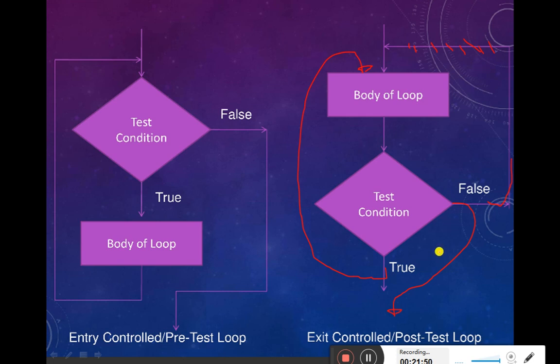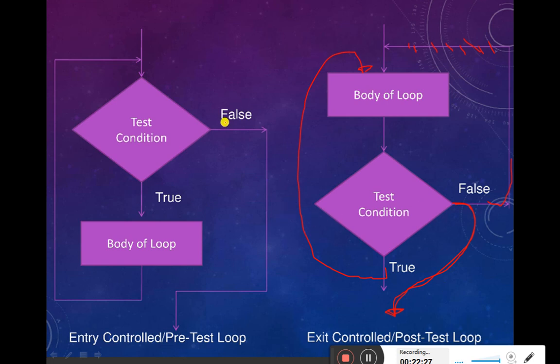Understood? So in an exit controlled looping statement, the condition test always occurs at the end of the loop, that is, after the body of the loop. This process is repeated as long as this condition is true. Once this condition becomes false, we come out of the looping statement and go on to execute other statements in the program after it.